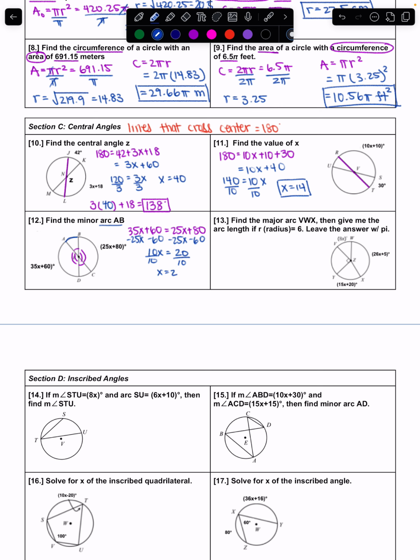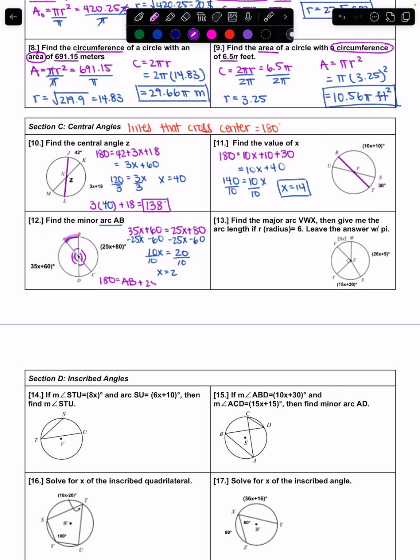Okay, so now we're going to use that 2 to find our minor arc AB right here, by plugging in x equals 2 into 180 is equal to AB, which is what we're trying to find, plus, let's use 25x plus 80.